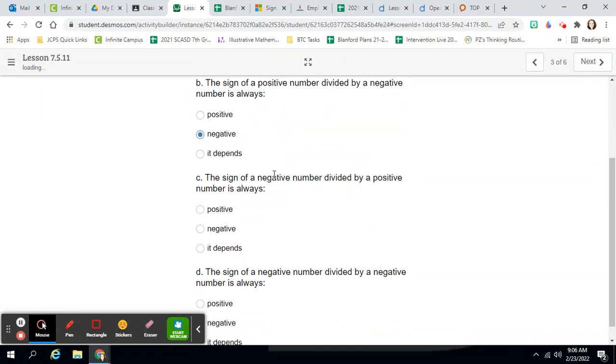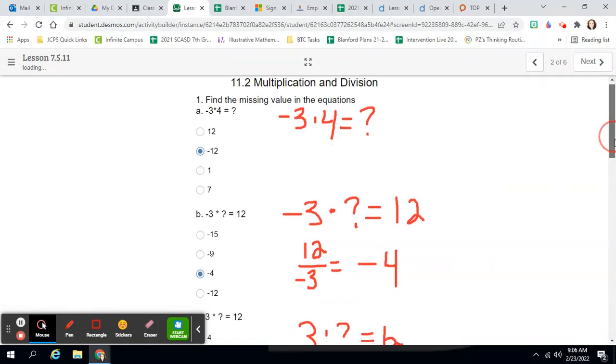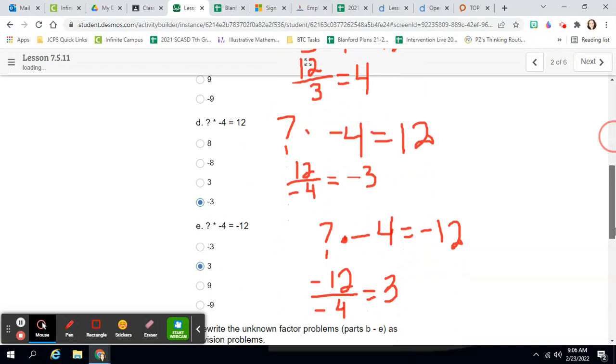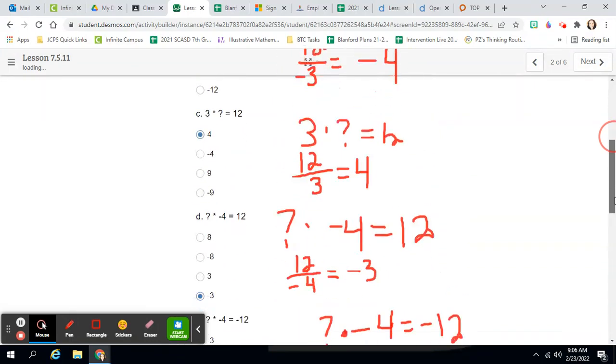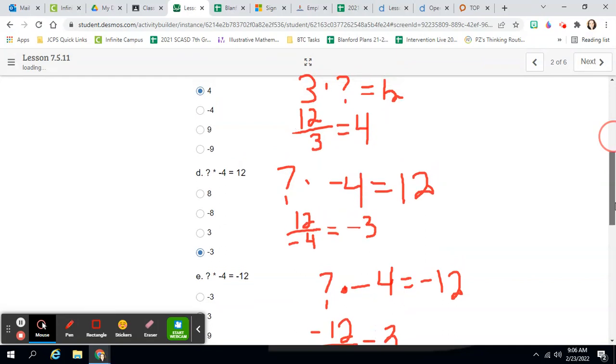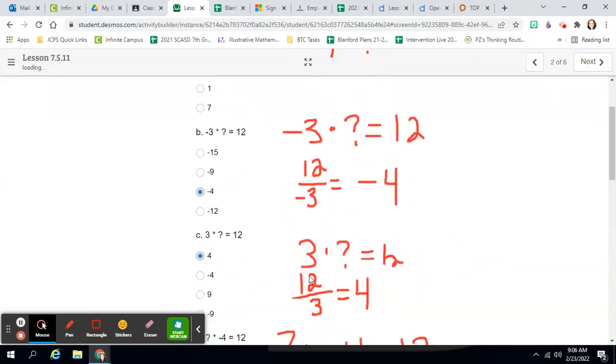So it's always going to be that way. So a negative divided by a positive is always, well, let's go back here and take a look. We didn't do a negative divided by a positive. However, let's consider this. No matter what, if we want a negative answer, we have to have a negative and a positive that we're multiplying together, right?